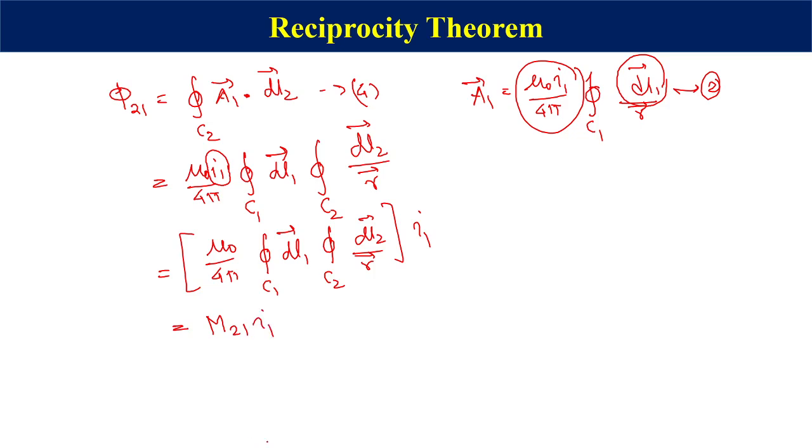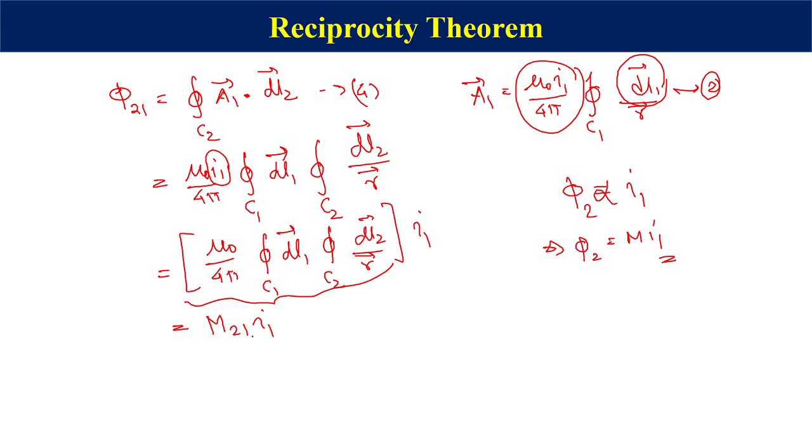Whenever the flux linked with one circuit changes, it is directly proportional to the current in the previous circuit. This is the flux associated with the second coil because of the current in the first coil. Then I write this relation as M I1, which is what we have already been writing. Here I have replaced this whole thing as M21, the mutual induction of coil 2 due to the change of current in 1.